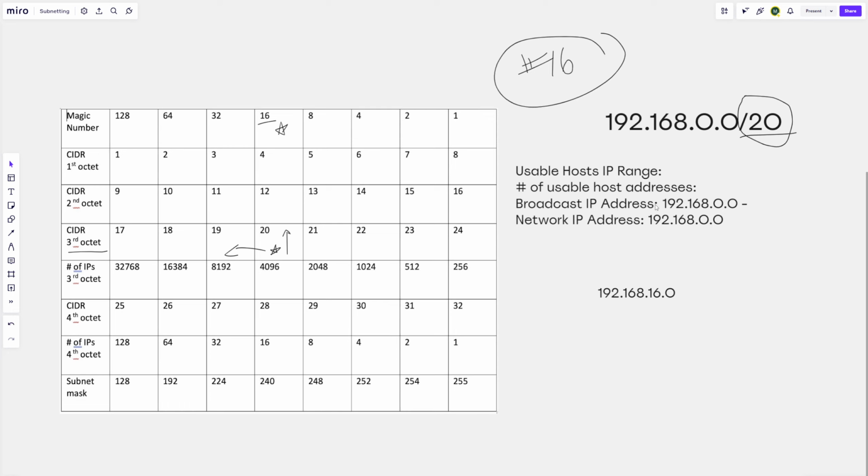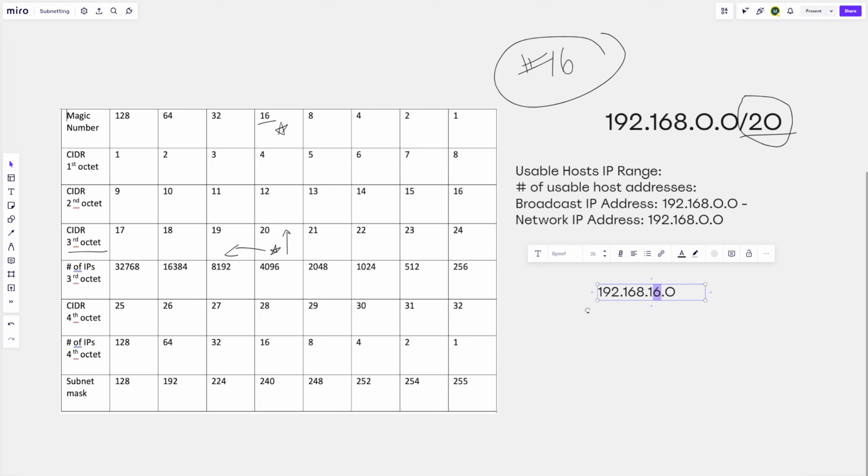In order to get the broadcast IP address, which is the last IP address in our current range, all you're going to do is add that magic number. This is the next network, and we're going to subtract 1, which would make this a 255. Since we added 16, that got us to our next network.